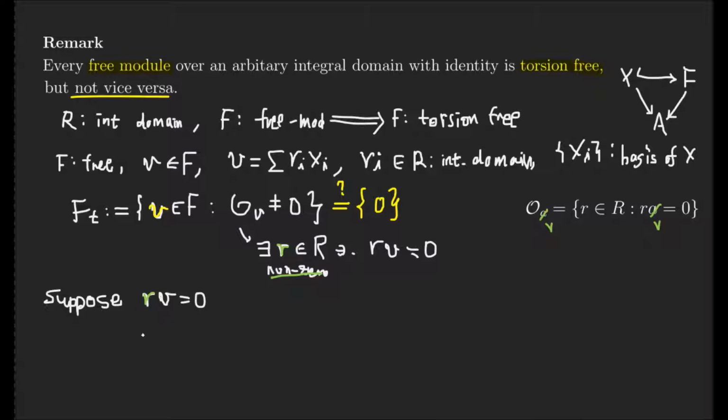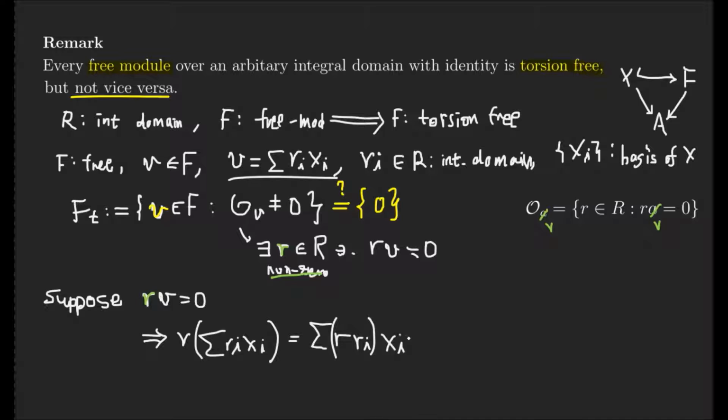Then we can express V as a sum, so R times the sum of Ri xi, and this is 0.